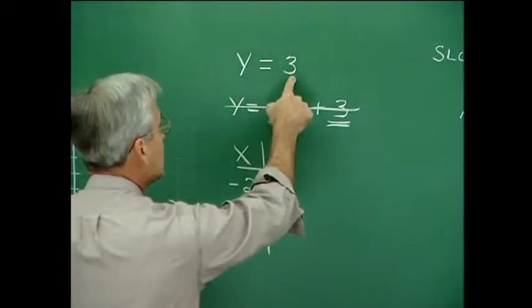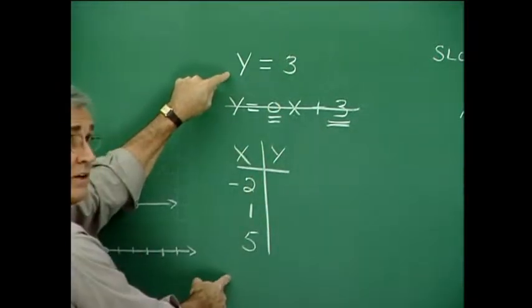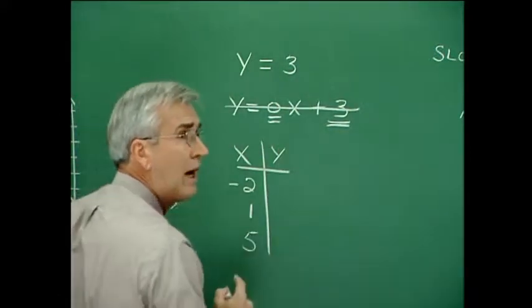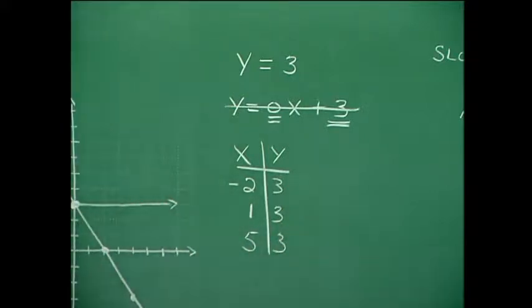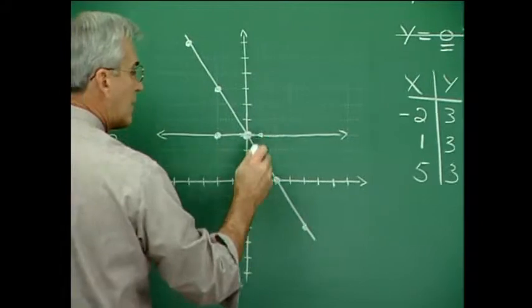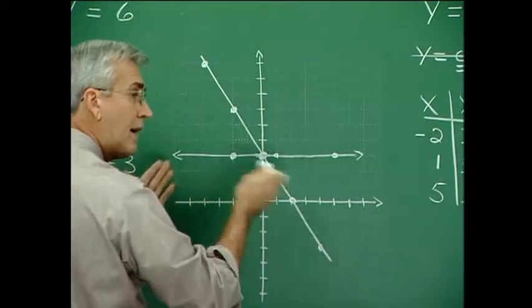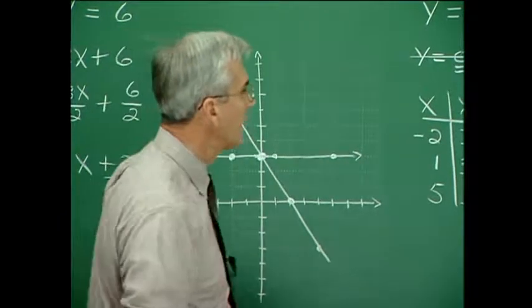But this says y is equal to 3, and it means y is equal to 3 no matter what x is, because there's no x in this to affect the value of y. So y is 3 for all of these, and if we plot the points, we get, let's see, (-2, 3), (1, 3), (5, 3), you see. And then constructing the graph, we get the expected horizontal line.